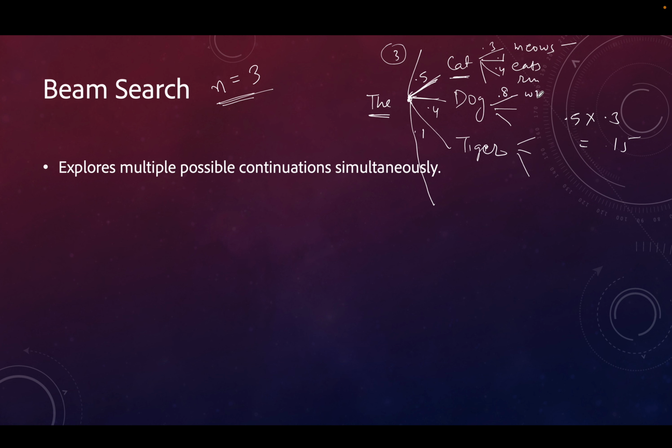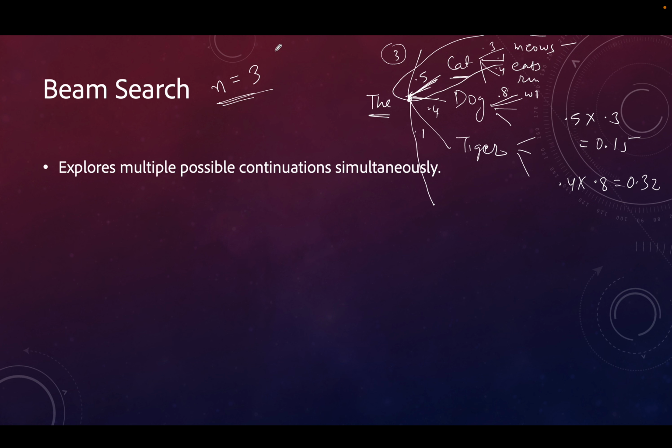Although in the greedy approach you would have picked the cat something, here the second most probable is 0.4, but later we get a word of probability 0.8. So you get 0.4 multiplied by 0.8, which is 0.32.